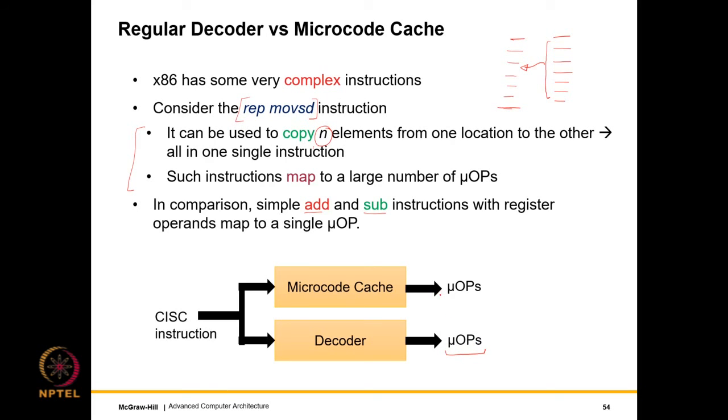And if it is very complex, like rep movs, and this is not the only complex instruction that does a lot, there are many more such instructions in x86, for all of them we actually have a table. This table is known as a microcode cache or a microcode table.